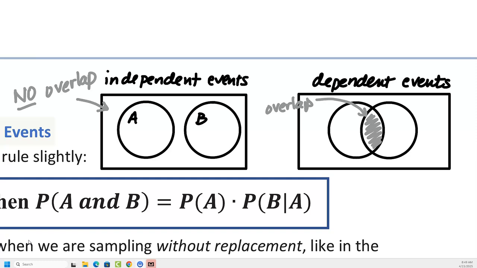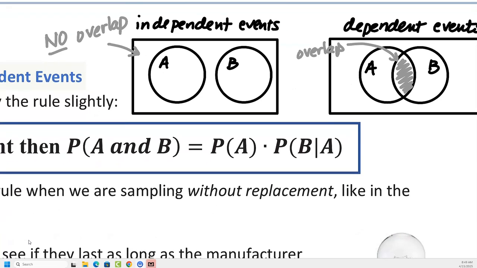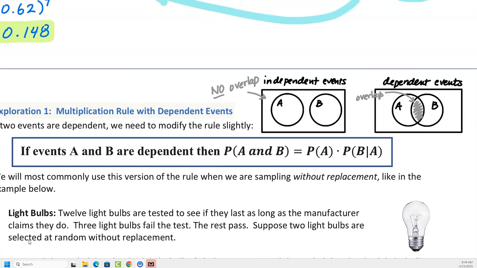For these two events, this is A and this is event B. So if I want to find the probability of A and B occurring for dependent events, notice that my formula changes just slightly. It's the probability of A times the probability of B given A.